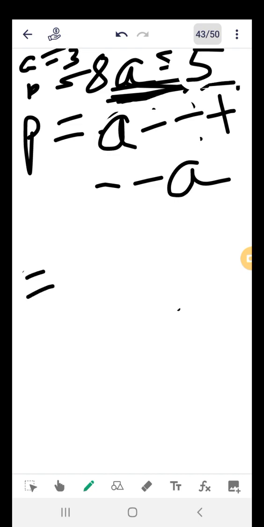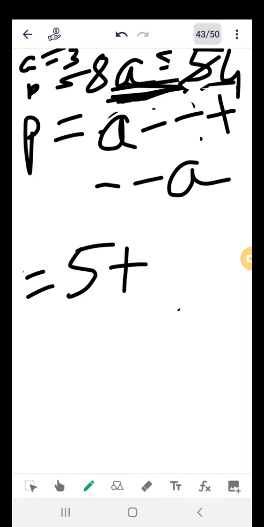Try it again. Pause the video and try it. Okay, now let's do it. The value of A was 5, so first we will use 5. Then it will decrease and become 4. Again there is a plus, no problem. Then the value of A will first decrease, then it will be used.